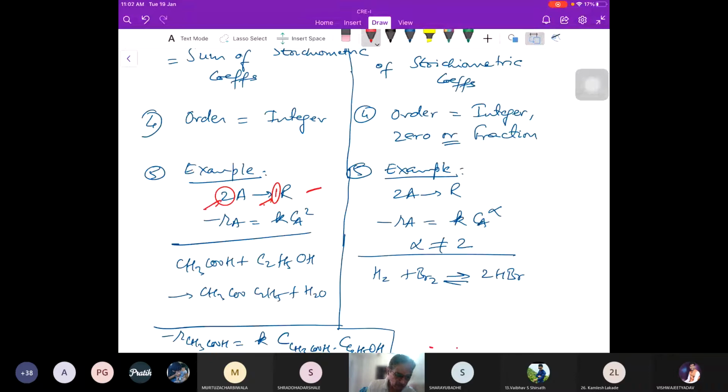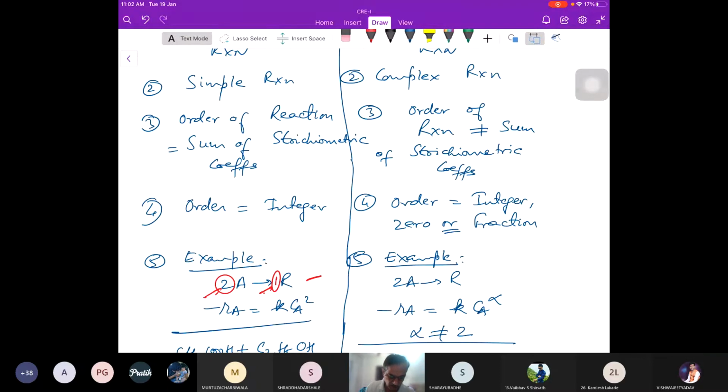Right? So when you look at this one, order of reaction is nothing but sum of stoichiometric coefficient of reactants actually. यहाँ पर आना चाहिए. Because products are not involved in the reaction rate equation, right?